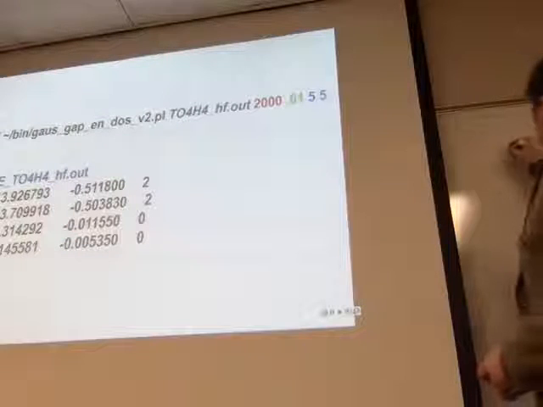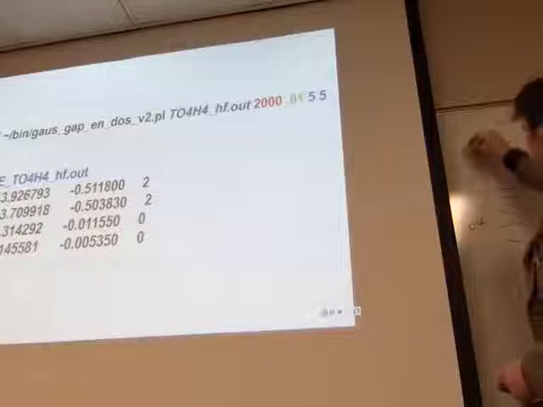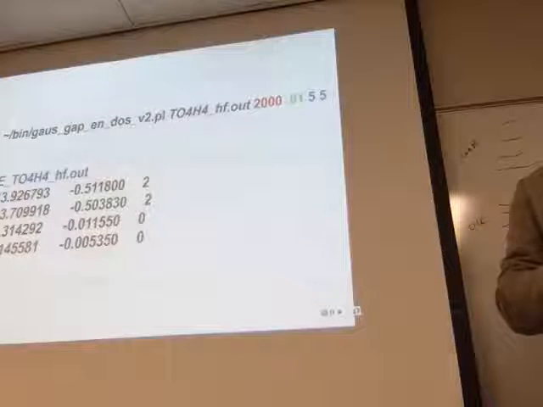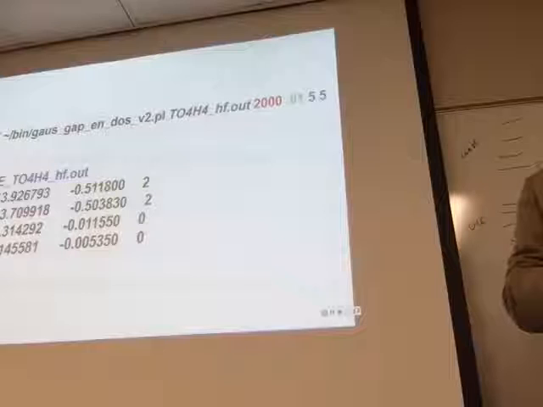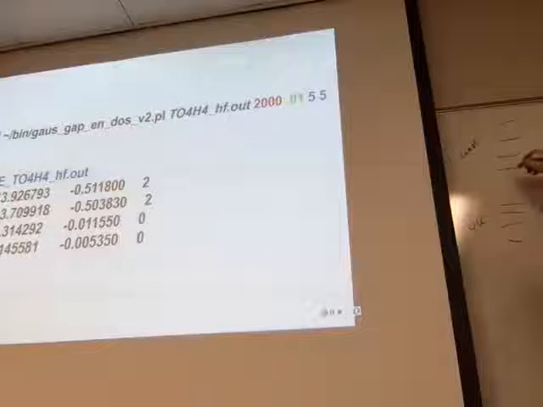So, if you write the energies of occupied and unoccupied orbitals, if you just know the energies, it immediately gives you three characteristics of a material. First, color, which is the band gap. Second, ionization energy, and third, electron affinity.